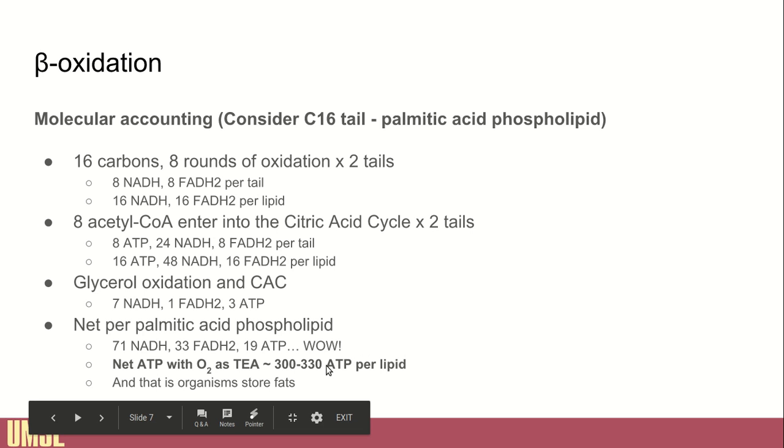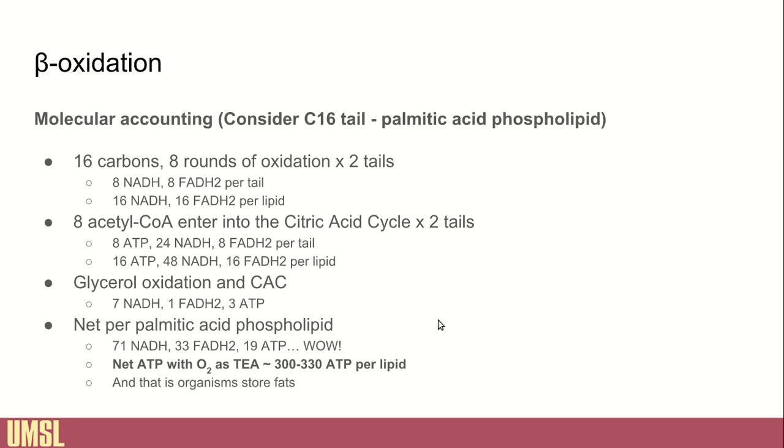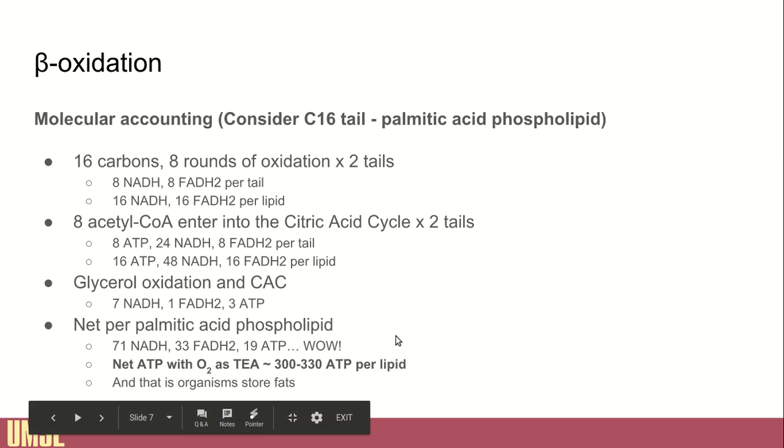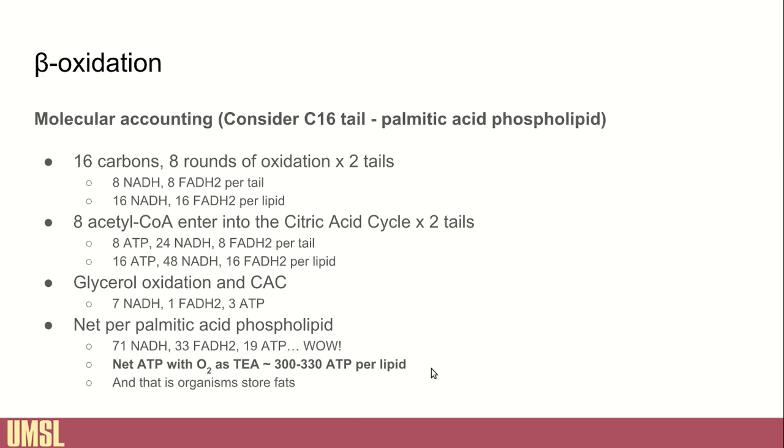So if we think about just net ATP, so imagine all of these cofactors were converted into ATP via electron transport and oxidative phosphorylation, with oxygen as a terminal electron acceptor, that ends up to be around 300 to 330 ATP per lipid. And so that is an absolutely massive amount of energy from one single lipid.